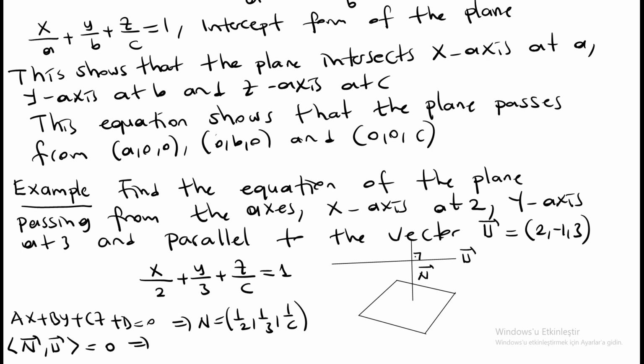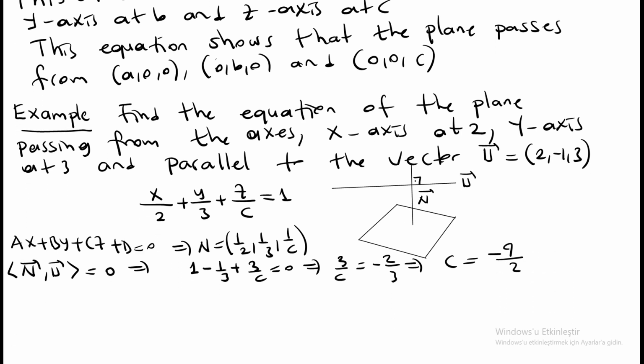So you have this one. 1 minus 1 over 3 plus 3 over c will be 0. So 3 over c equals -2 over c. So c becomes -9 over 2. So our plane will be this one: x over 2, y over 3, z over -9 over 2 equals 1.